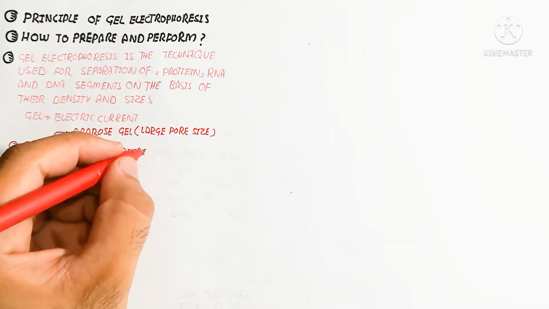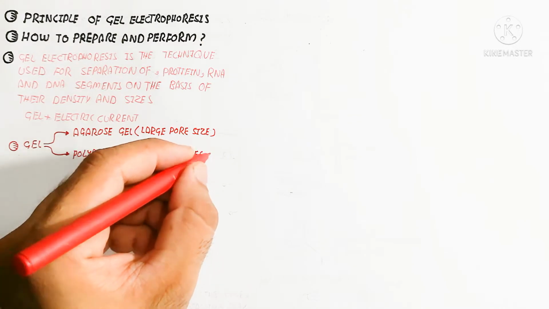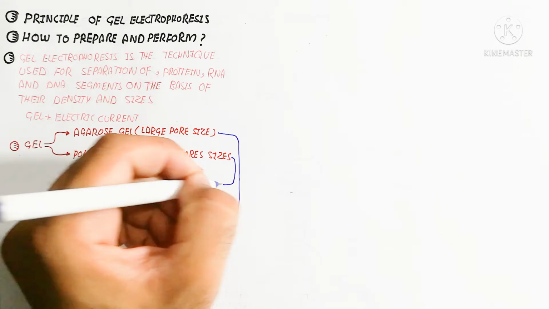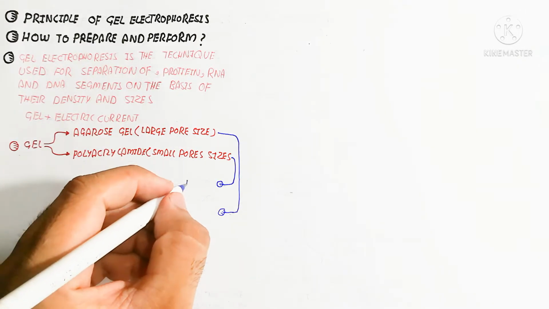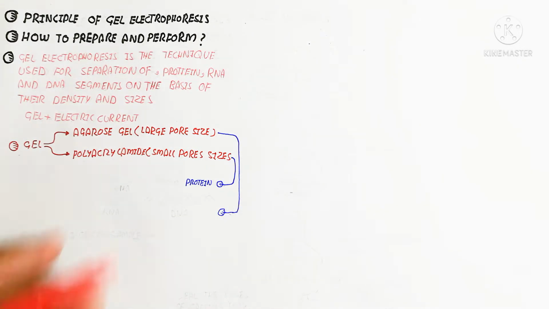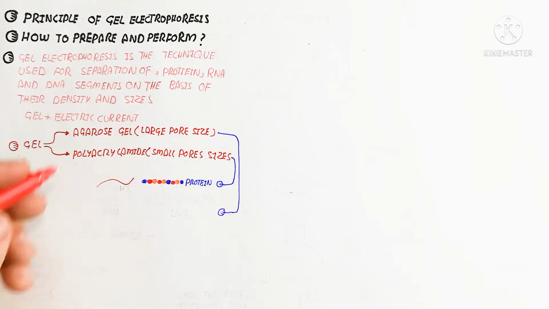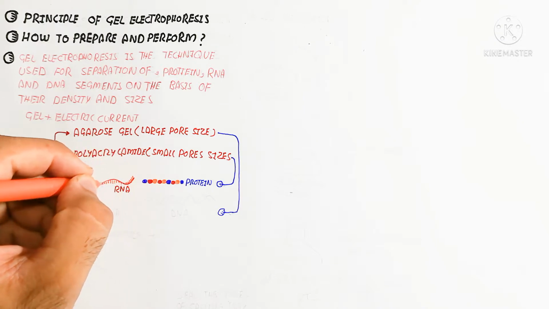Gel is of two types: agarose gel, which is used for large pore size, while polyacrylamide gel is used for small pore size. Agarose gel is used for DNA and RNA detection, while polyacrylamide is used for protein and RNA detection. Why?